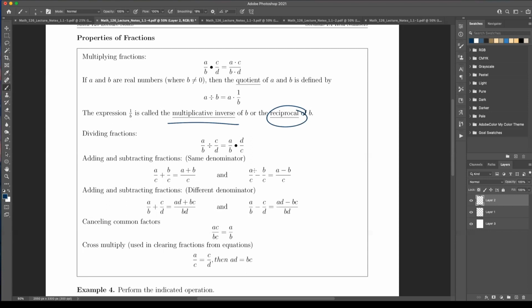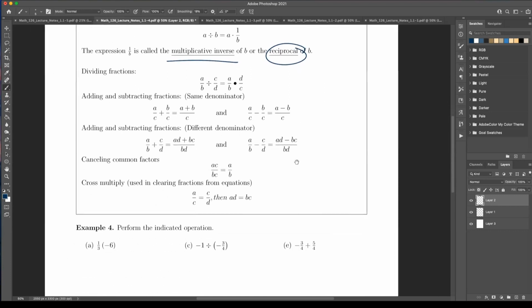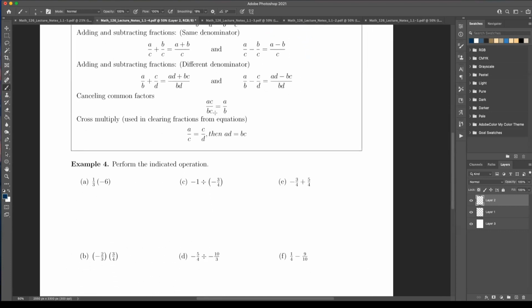Subtracting, if it has the same denominator, you only have to deal with what's on the numerator. And if they have different denominators, you make it so they have the same one. You can multiply b times d and then do cross multiplication. That's fine. Common factors, if they have common factors, you can clear them out.